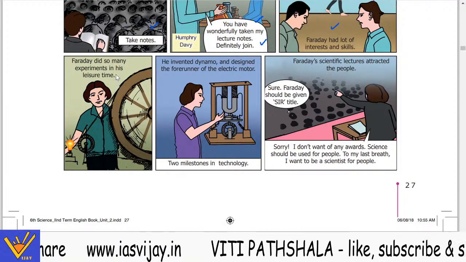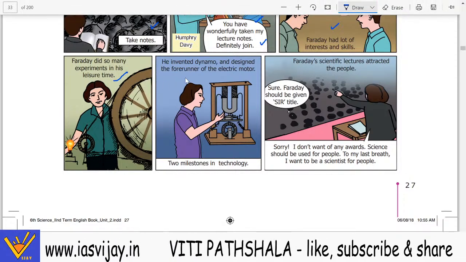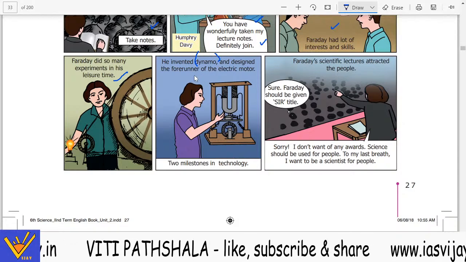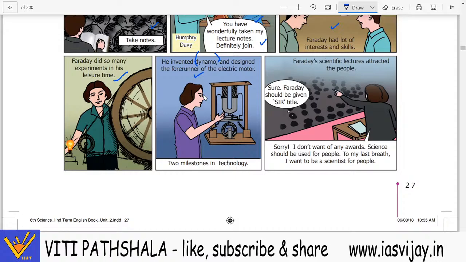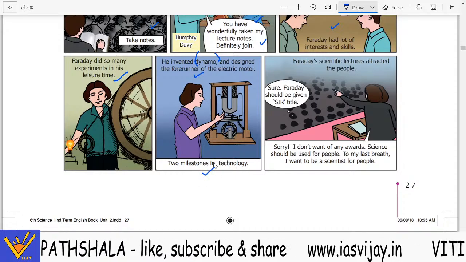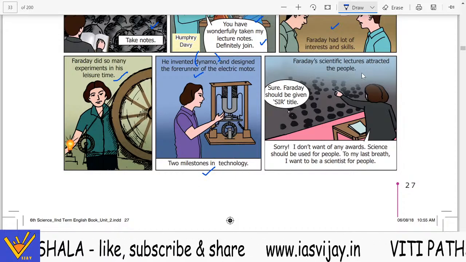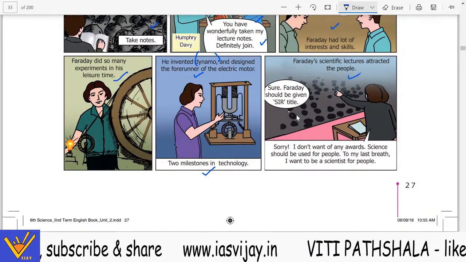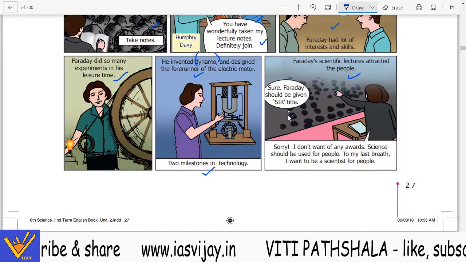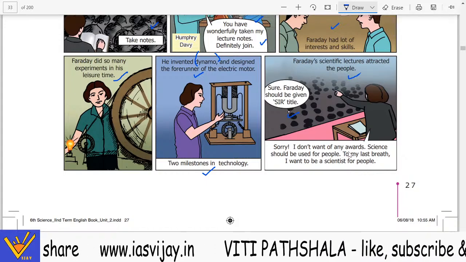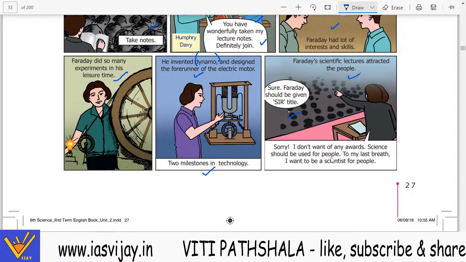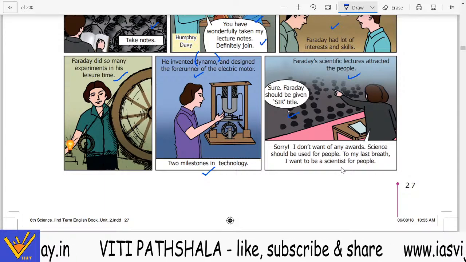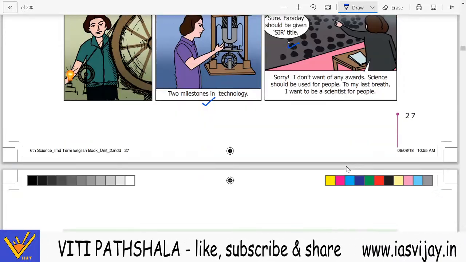Now Faraday did so many experiments in his leisure time. He invented the dynamo and designed the forerunner of the electric motor, two milestones in electricity. Faraday's scientific lectures attracted the people. Sure, Faraday should be given the Sir title. Sorry, I don't want any awards. Science should be used for the people till my last breath. I want to be a scientist for the people.